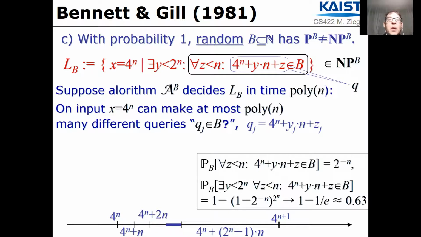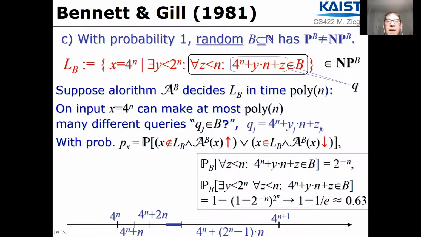As long as it's a polynomial time algorithm, it can make at most polynomially many queries to the oracle. And the queries also have this form, right?